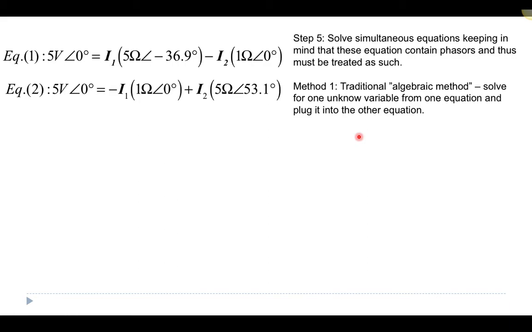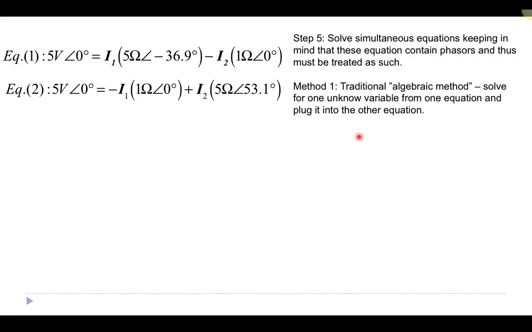Now, the way that you may have learned to do this in the past in terms of DC is to create a matrix, and use matrix notation to solve simultaneous equations. And certainly if you know a lot about matrices and you wanted to do that by hand, it would work here.